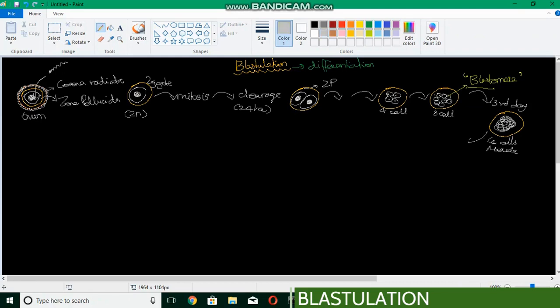Now on the mark of the 5th day of the embryonic development, we're going to see blastulation. Blastulation is a significant event because only from blastulation the cells are going to start differentiating.